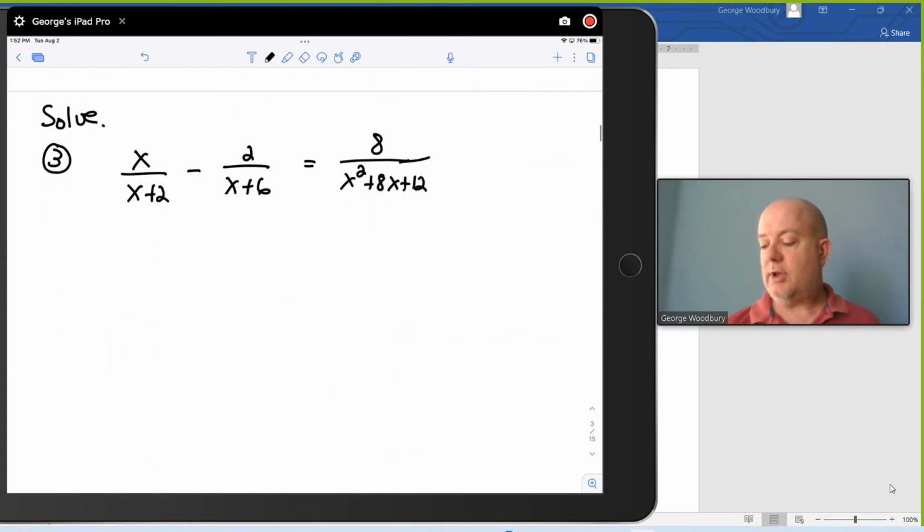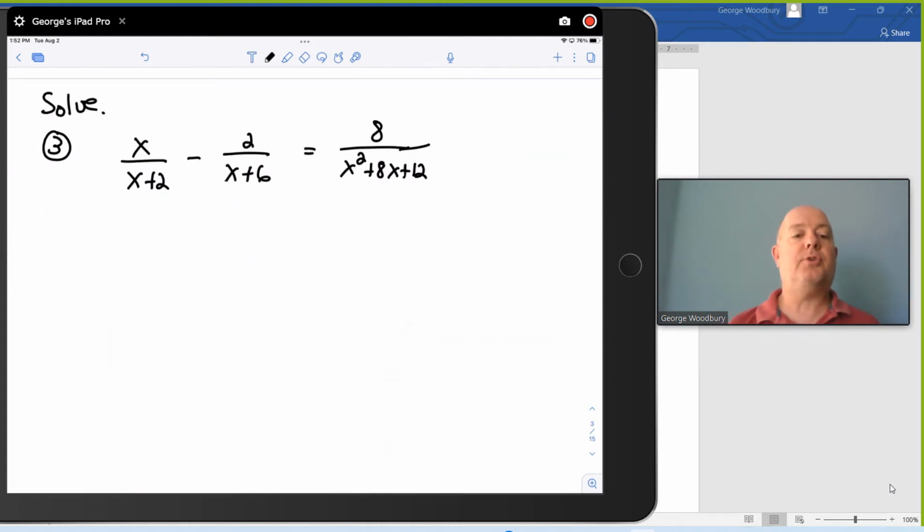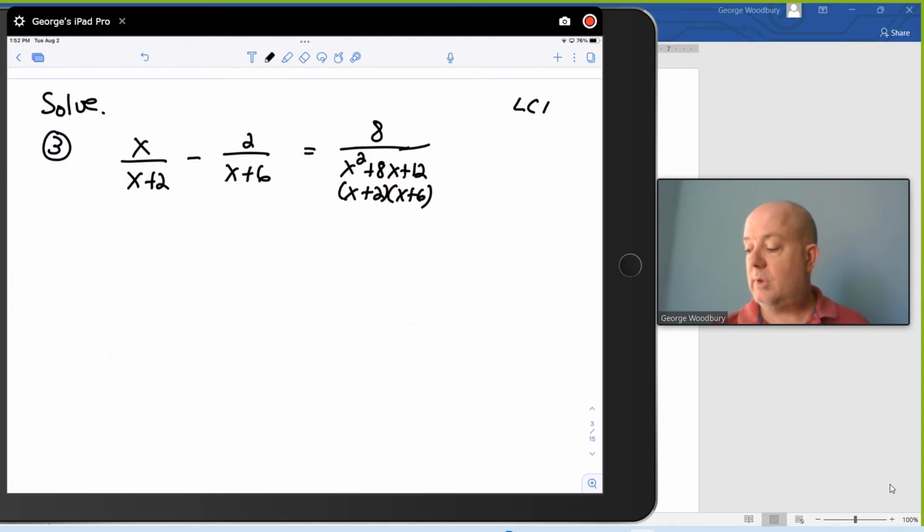Two more to go. Let's try this one. X over x plus 2 minus 2 over x plus 6 equals 8 over x squared plus 8x plus 12. So the first thing I'm going to do again is factor the trinomial, and it factors to be x plus 2 times x plus 6. And if I use the same approach for my LCM, that's going to be x plus 2 times x plus 6.